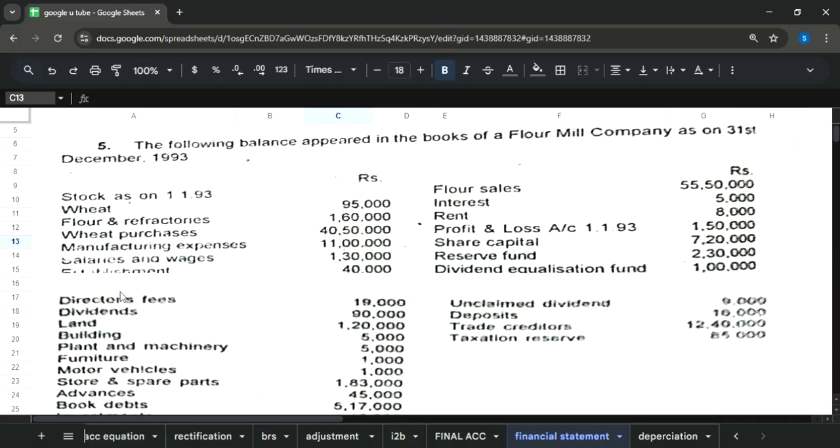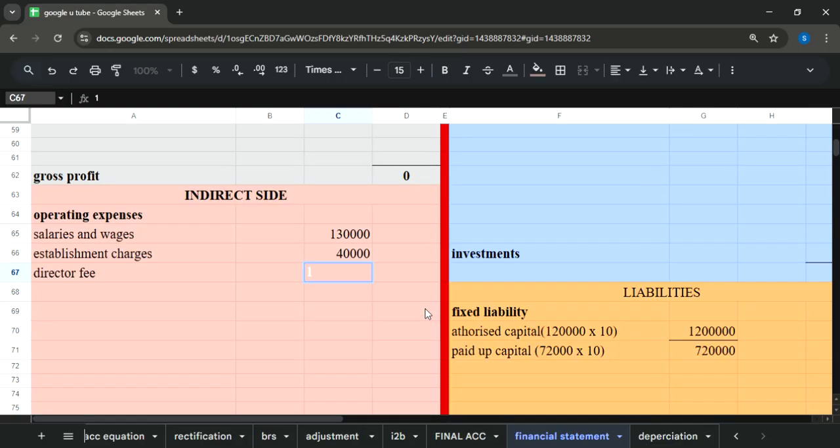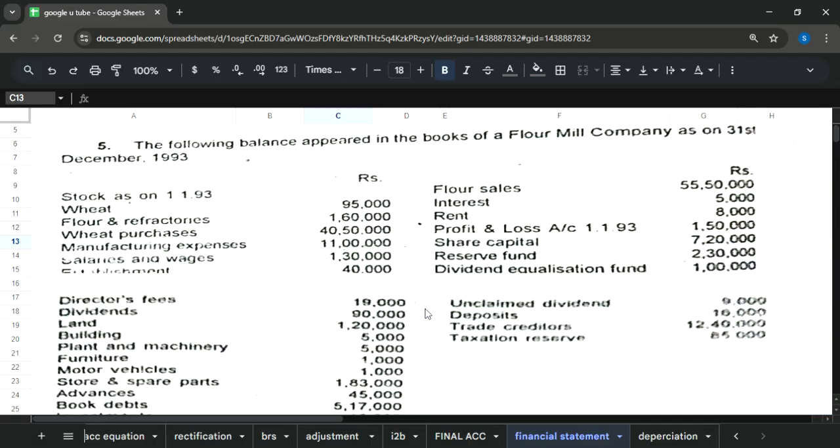Amount of director fee, it's a little bit missing. Director fee is, I think, 19,000. Let's write it down and later on we will see if anything is needed to be changed. It was a little blurry image. I'm hopeful it is 19,000 because 0 is a little bit different to this digit and apparently it looks like 90.